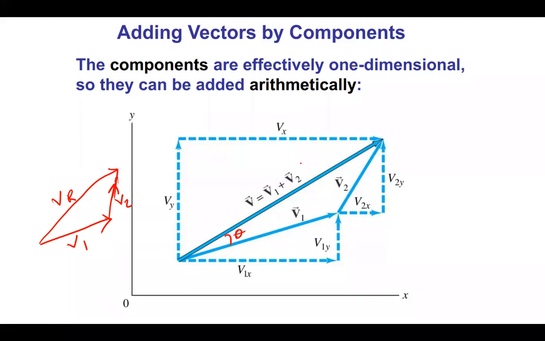So whenever you find such vectors, you first have to express them into their components. Let's say I take vector 1, which is just V1.